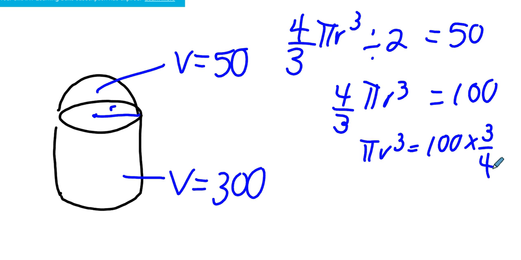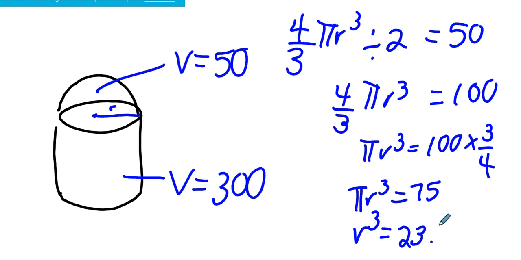So we've got 300 divided by 4, so pi r cubed will be equal to 75. You're doing a bit of algebra. You could just guess and check as well, but algebra will make it a little bit faster. Now you're going to do 75 divided by pi, and you end up with r cubed needing to be 23.87 and so on. Then you cube root that.